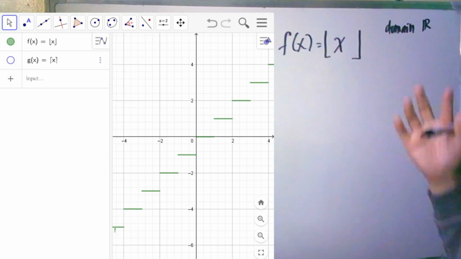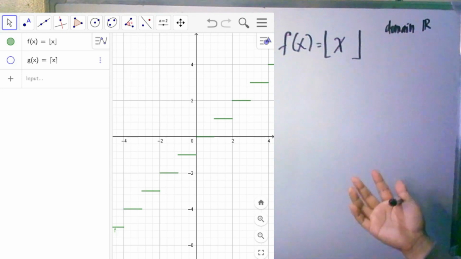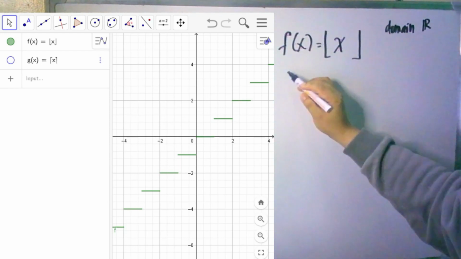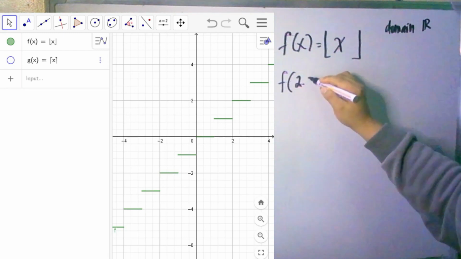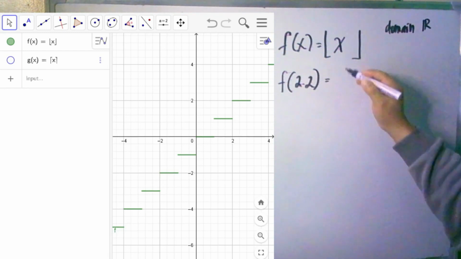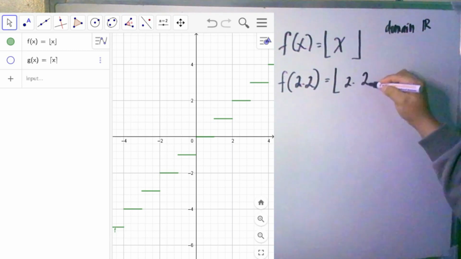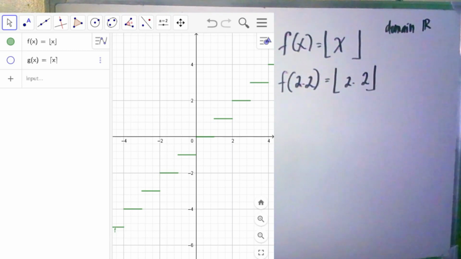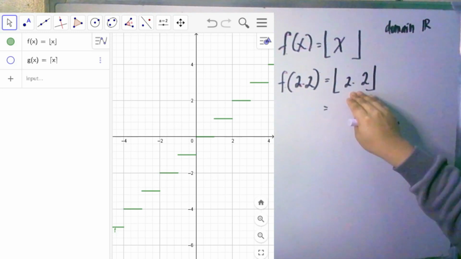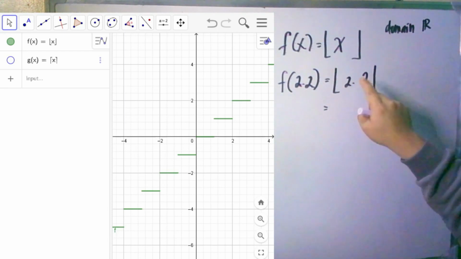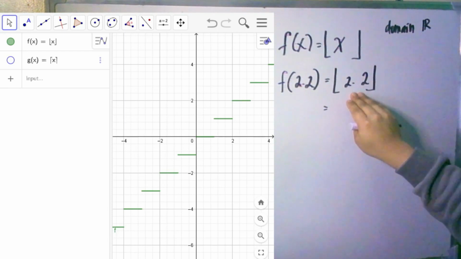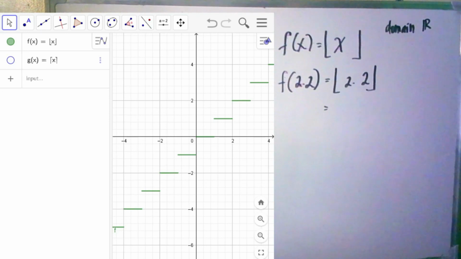So, what is an example? Just to give you an idea of how we evaluate a floor function. Just for example, say our input is 2.2. What should be our answer? Anyone? The greatest integer that is less than or equal to 2.2. What should be our answer? 2 po. 2.